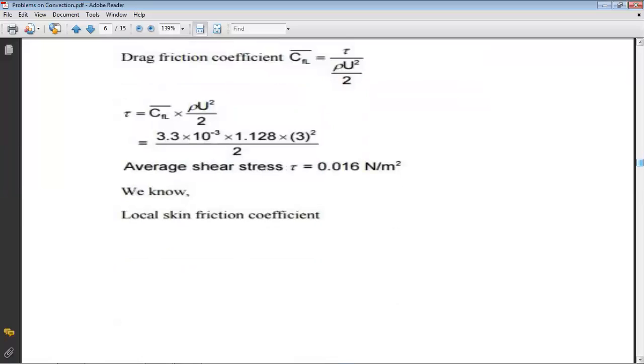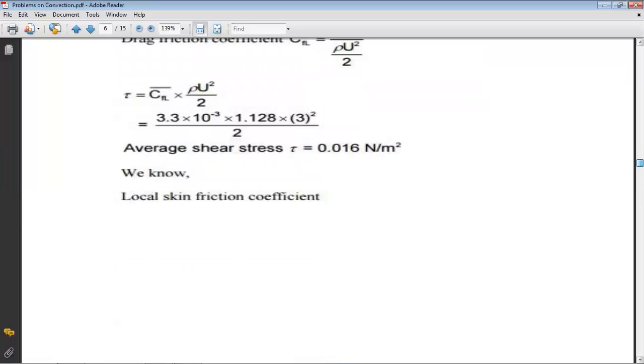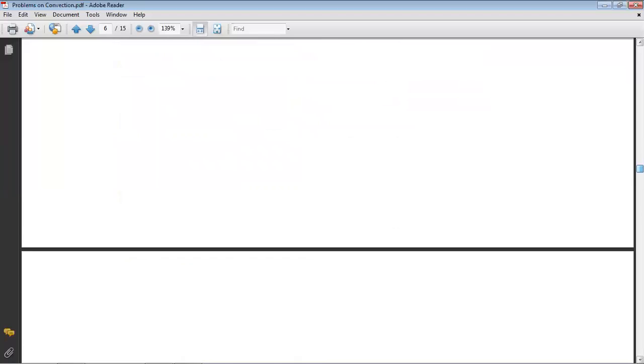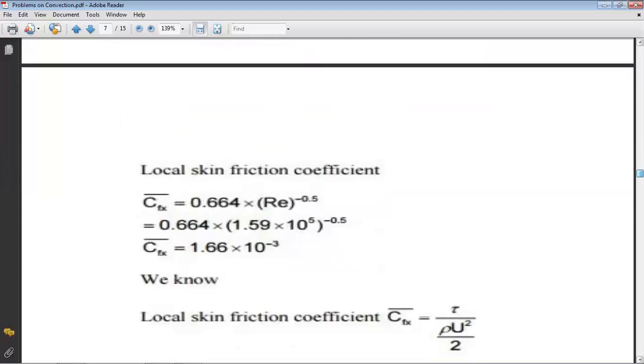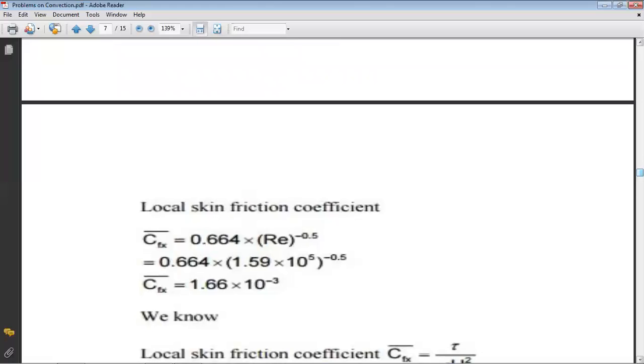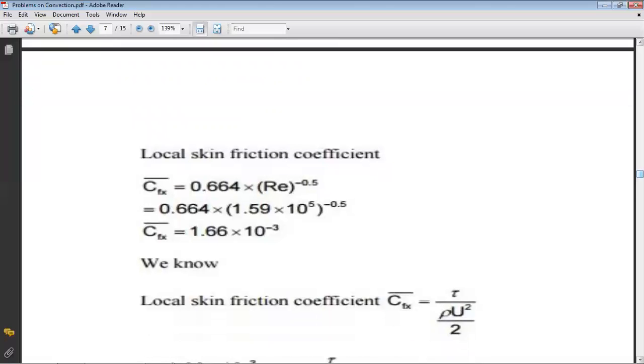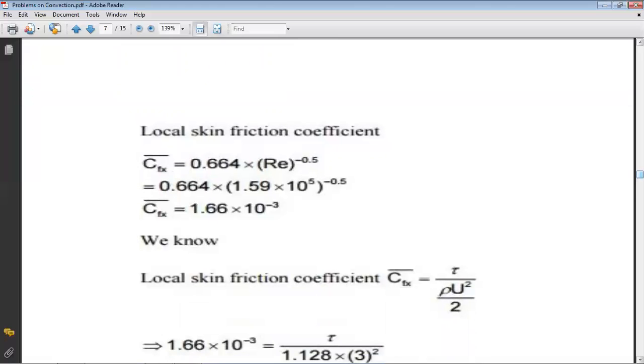Now if we want to calculate the local skin friction coefficient, it is given by 0.664 Re to the power 0.5 with a negative sign. If you substitute the values, you will have the local skin friction coefficient as 1.66 into 10 raised to minus 3.